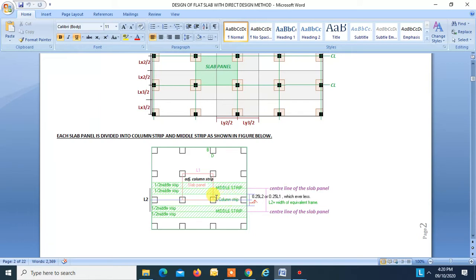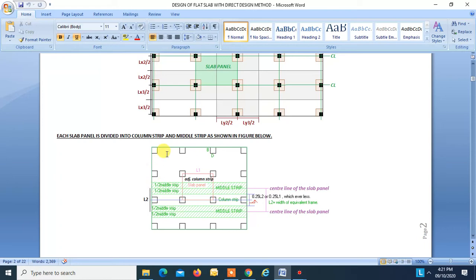Okay, now what is middle strip? So L2 minus width of the column strip divided by 2 will give the width of the half middle strip and half middle strip. So this is how the slab beam is distributed in column strip and two half middle strip.